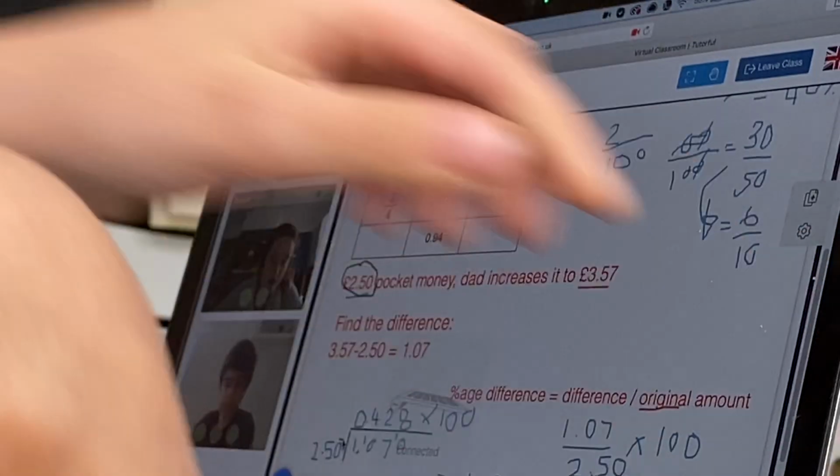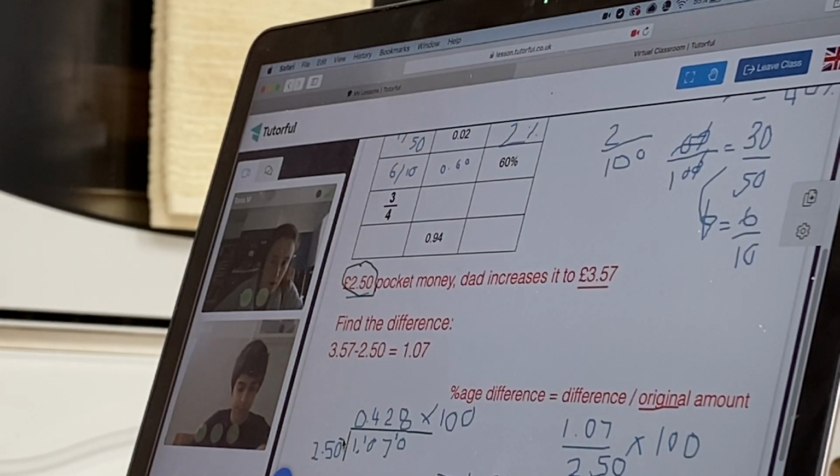try this in your calculator. 250 times 1.428. What do you get? 357.